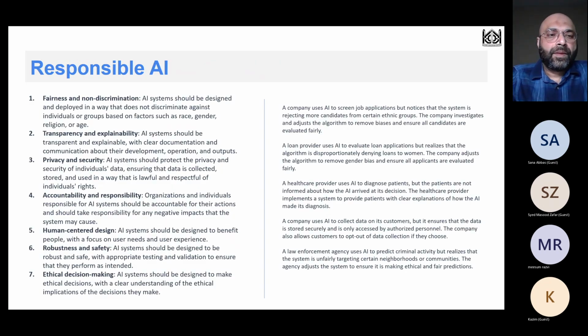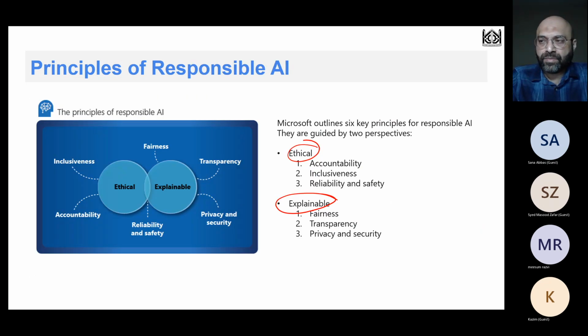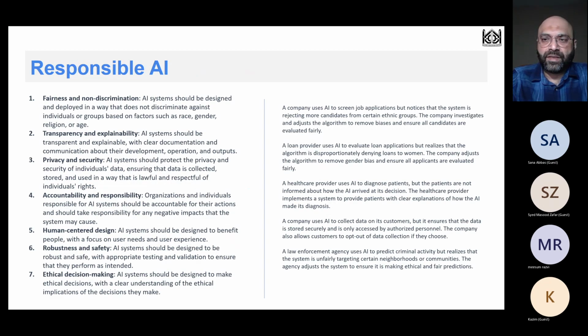There are 5, 6, 7 different areas. We looked into 6 areas, that these are Azure or Microsoft's responsibility principles. And here you are seeing in this slide, these are some of the industry best practices. Fairness and non-discrimination, as we discussed, right? Transparency and explainability, privacy and security, robustness, and human-centered design.